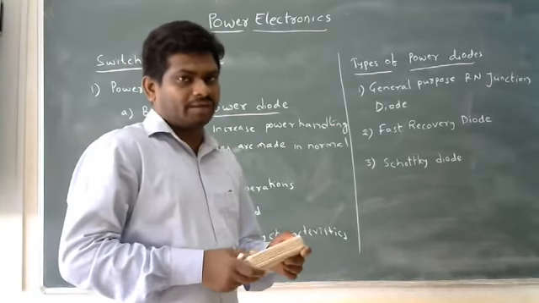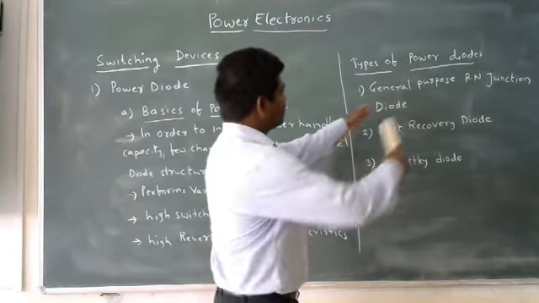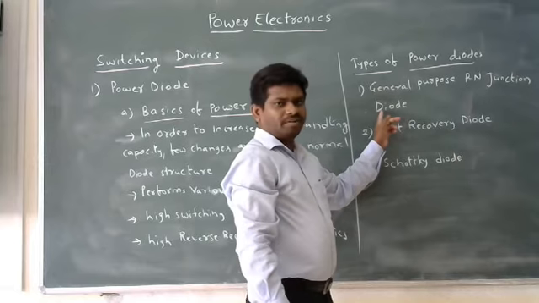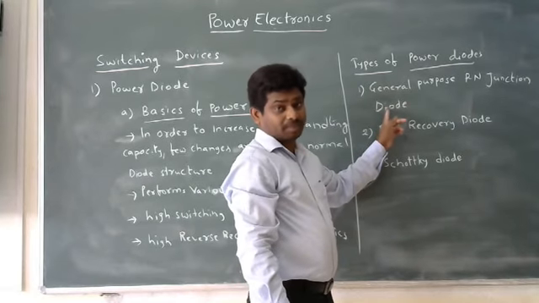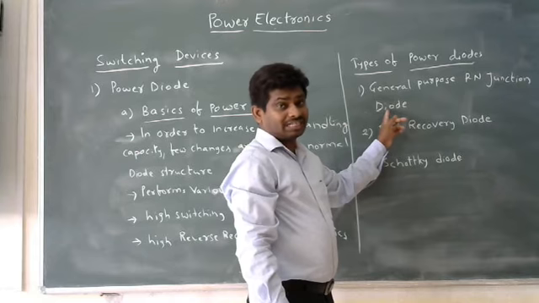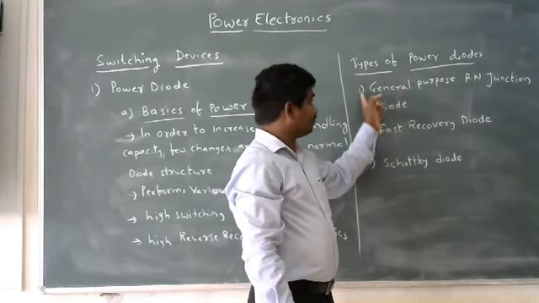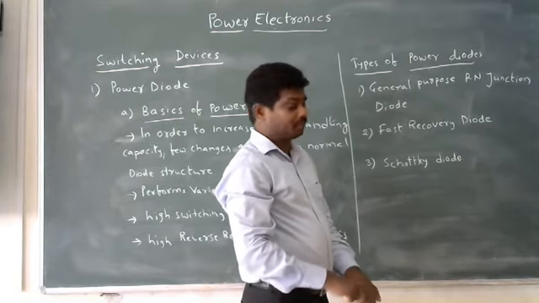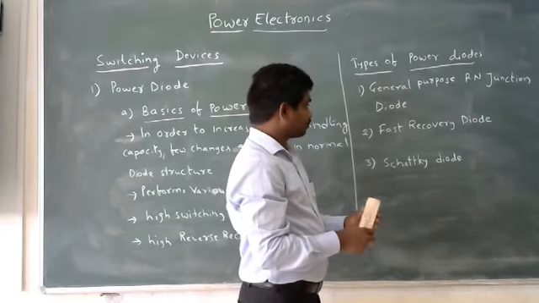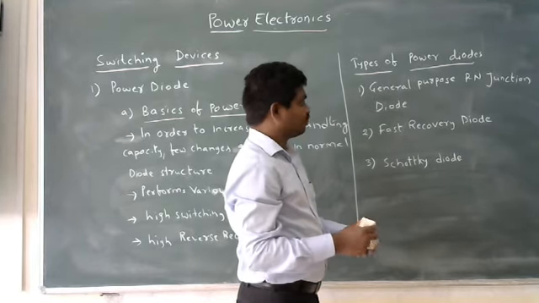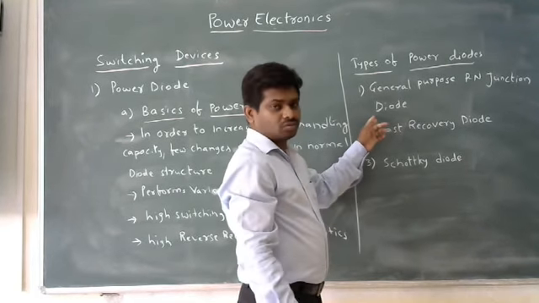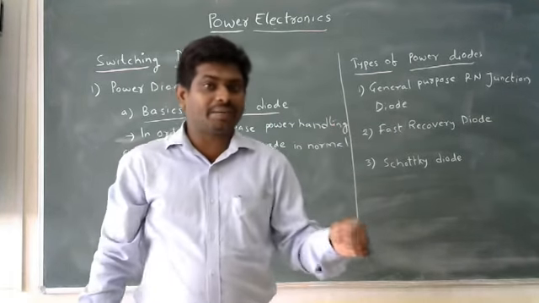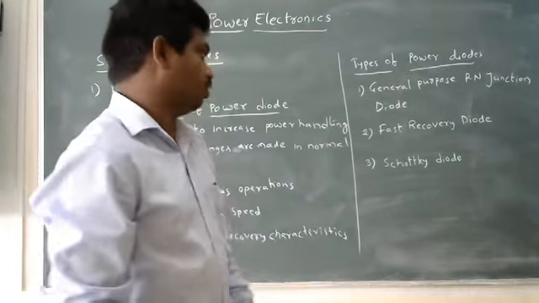So this general purpose PN junction diode is basically used for low power applications like rectification, where we are going to convert the AC power into DC power. This type of PN junction diode is used in that operation. Fast recovery diodes have high speed switching, meaning as soon as the operation is over, they immediately come back to the forward blocking mode.